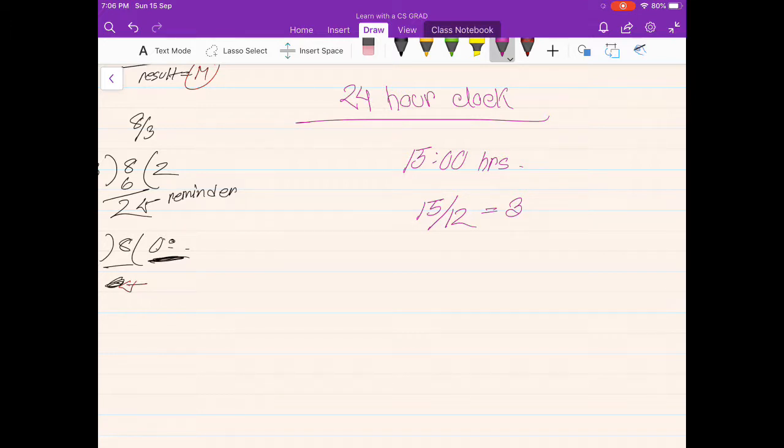So it's 3 p.m. The concept of AM and PM comes from whether the value is greater than the 12-hour system that we are talking about. If m is greater than 12, then it would be PM, and if it's less than 12, it would be AM.